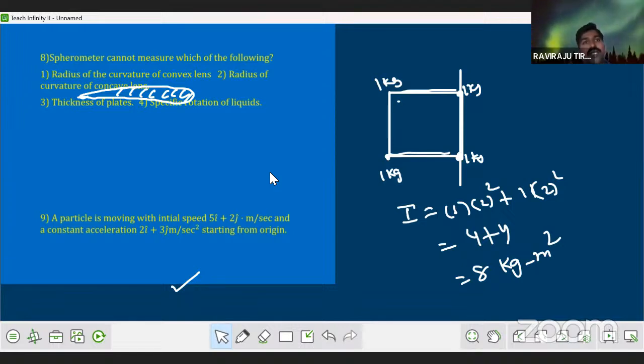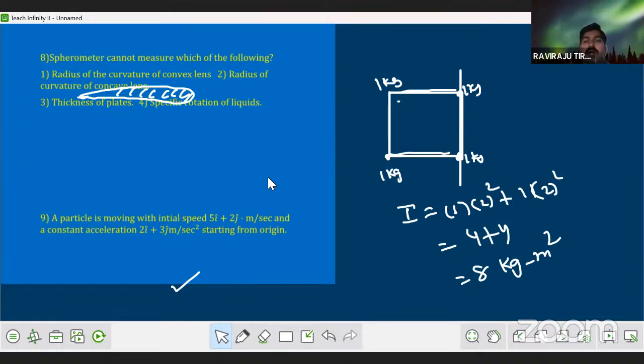Before I start the chapter, motion in 2 dimensions. Of course, even in first year, even in second year, I mentioned one important point. That is, any 2-dimensional motion can be taken as a combination of 2 independent 1-dimensional motions.